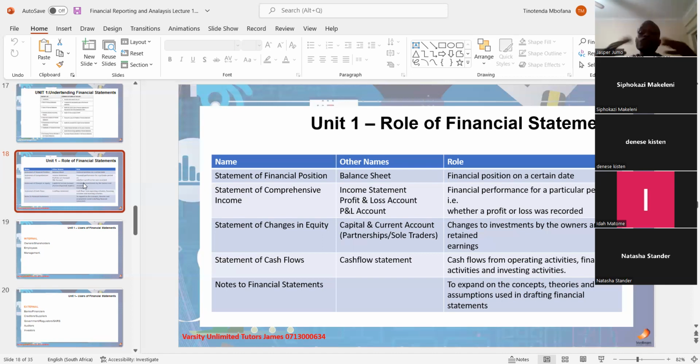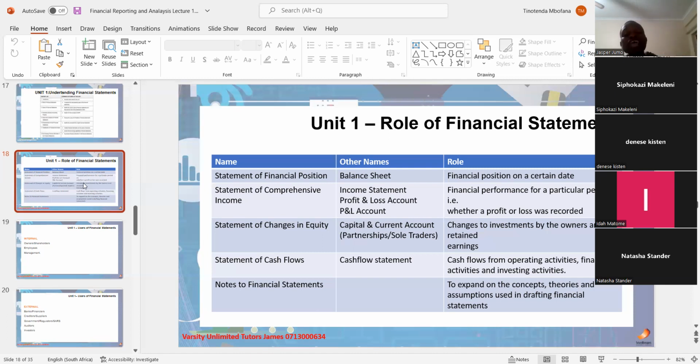But in addition, for your information, the notes to the financial statements. Now, when you are preparing financial statements, you need the reader of the financial statements to know the assumptions that you make.